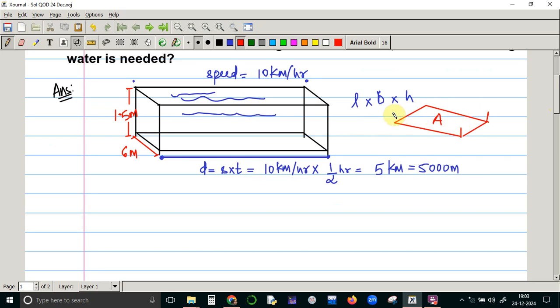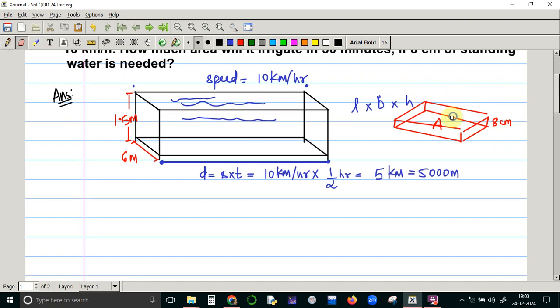We have its height. So area into height is the volume collected in the field. So what is the height? The height of this water is 8 centimeters. This is what I have in explanation for this question.